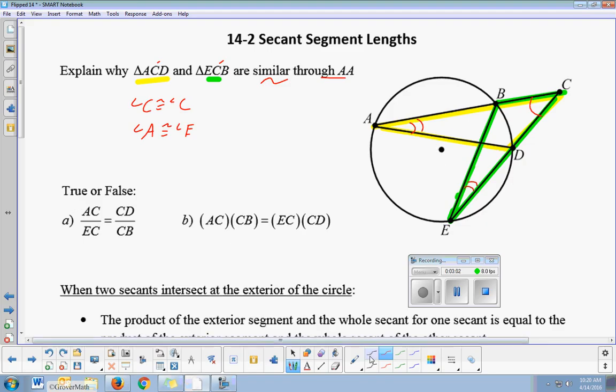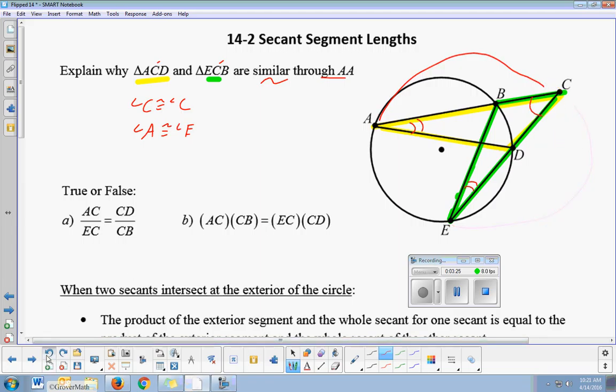So then true or false? AC over EC, those are two pairs of corresponding sides. Would their ratio be equivalent to CD over CB? Well, let's see.